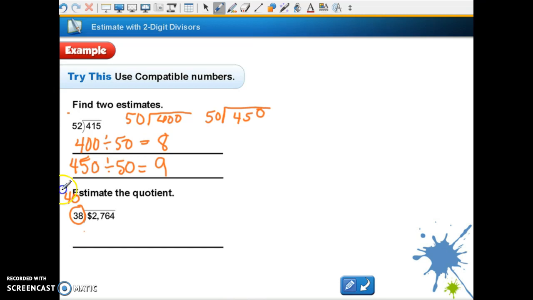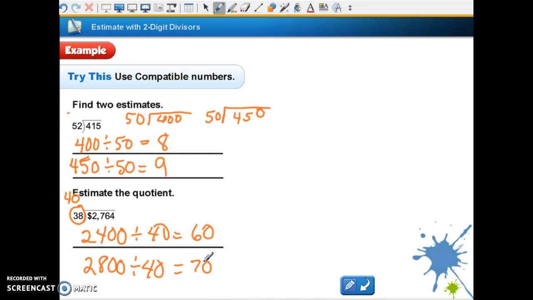So I might have 2,400 divided by 40 as my low estimate, and I might have 2,800 divided by 40 as my high estimate. So you would get it between 60 and 70.